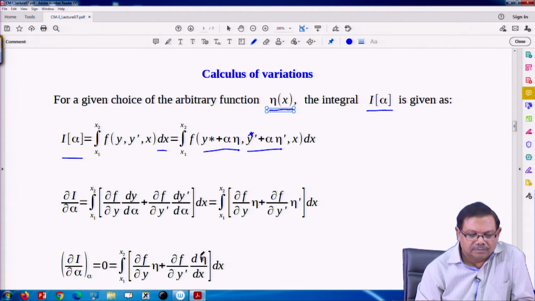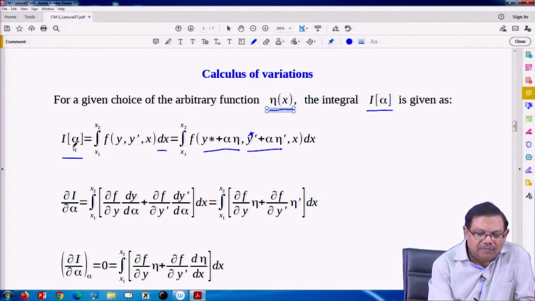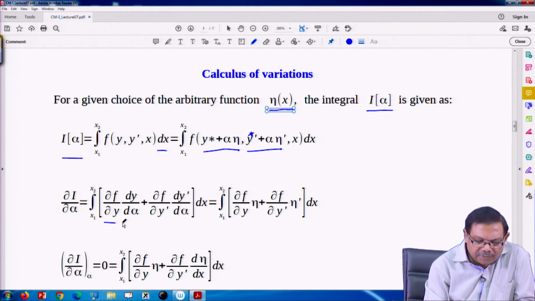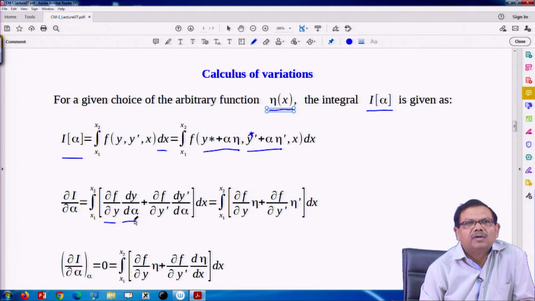I have chosen a form for, let us say, eta at this moment. So, I take its derivative with respect to alpha. So, what will I get? f depends on y. So, I have to take the partial derivative of f with respect to y and then the differentiation of y with respect to alpha.